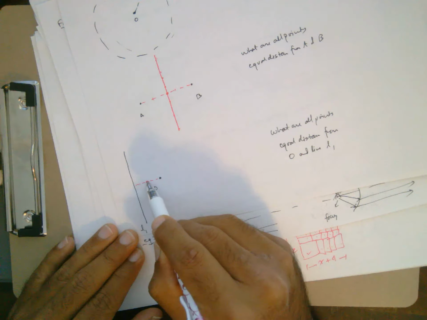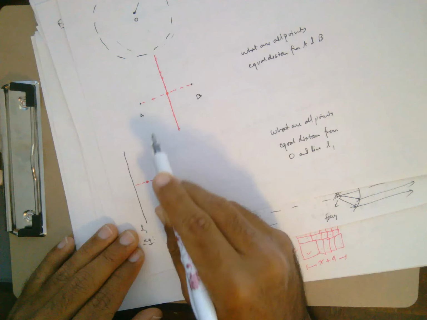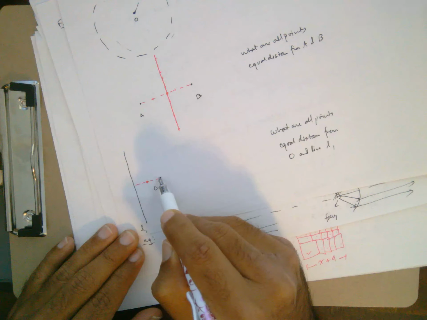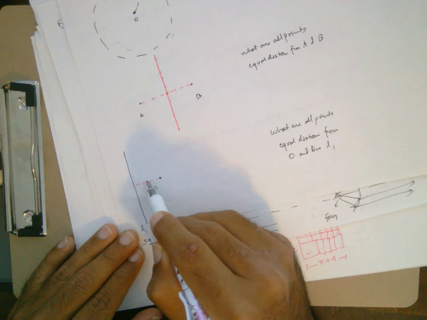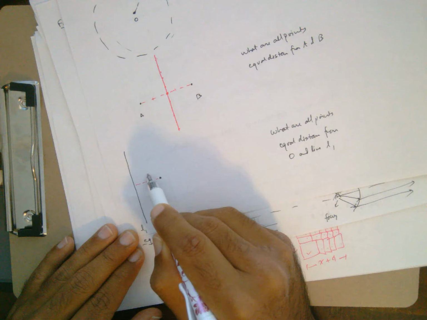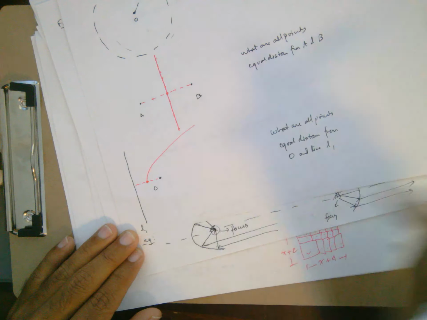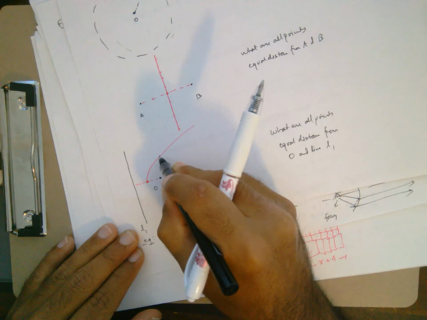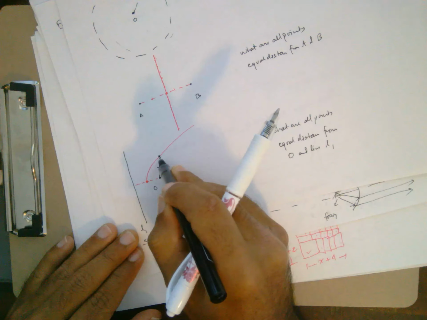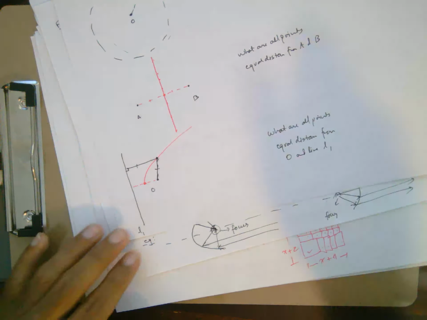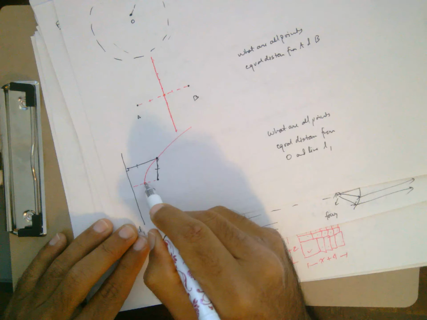Now if I go straight up here like I did in the previous case, again that's not going to work because then I'm further from the point than from the line. So I'm going to have to turn in such a way that for any point this distance equals this distance. It doesn't look like it in this figure, but that's because my drawing is not accurate.